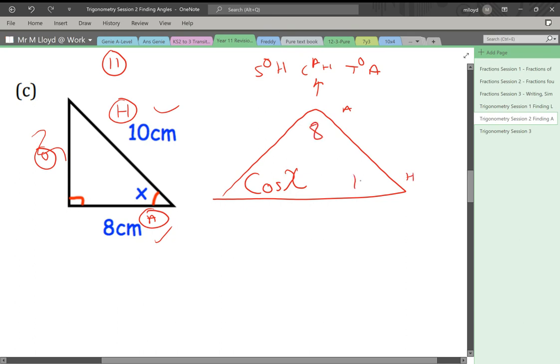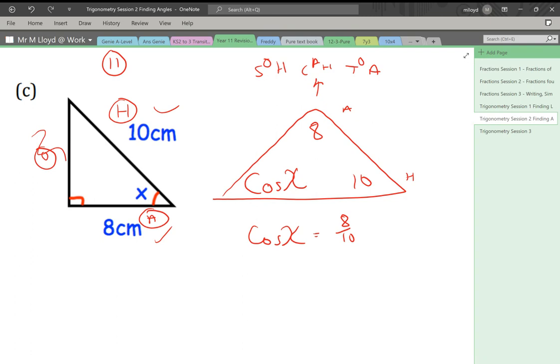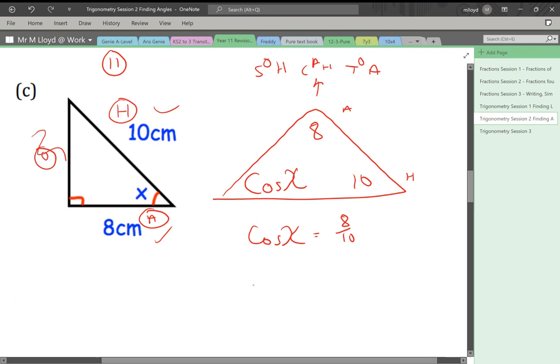We've got 8 over 10, so cos x equals 8 over 10. 8 divided by 10 is 4/5. Shift, cos, answer equals. x equals 36.86989765, or to three significant figures, 36.9 degrees.